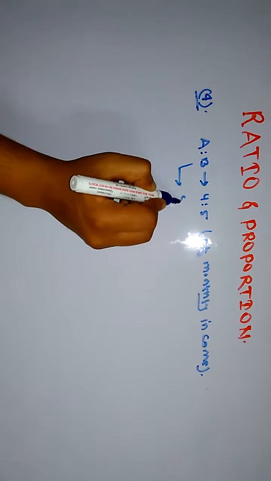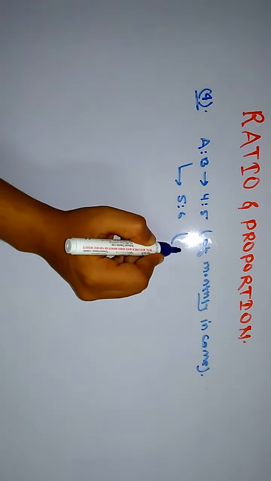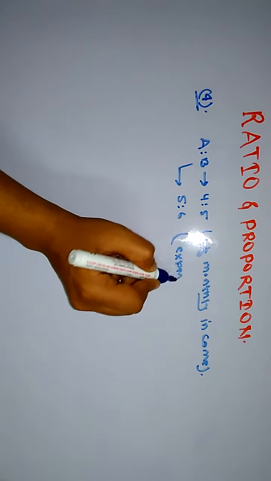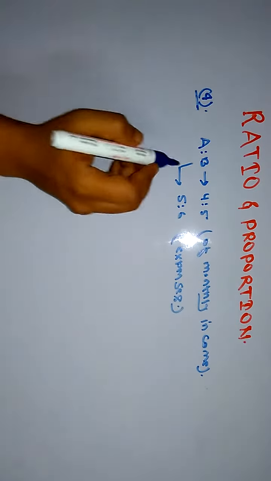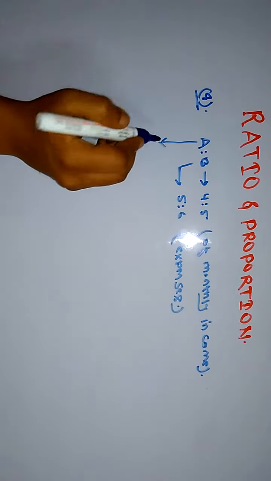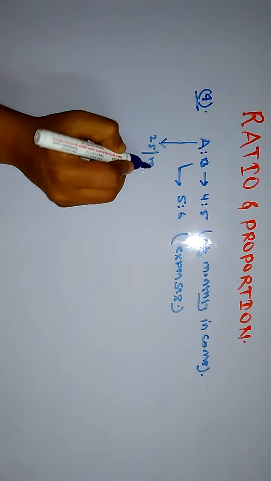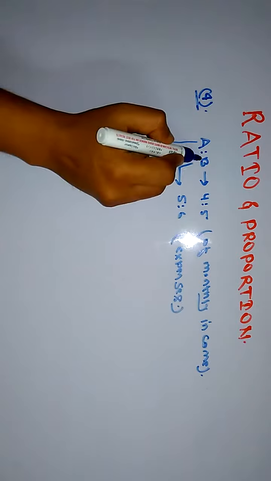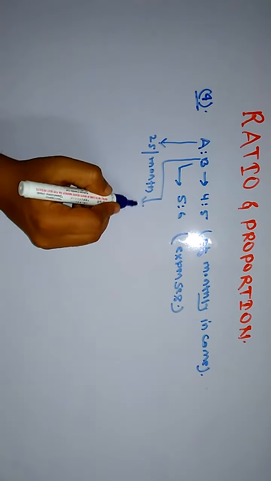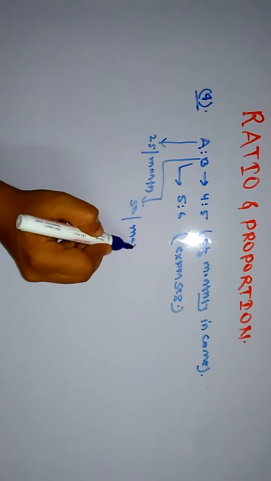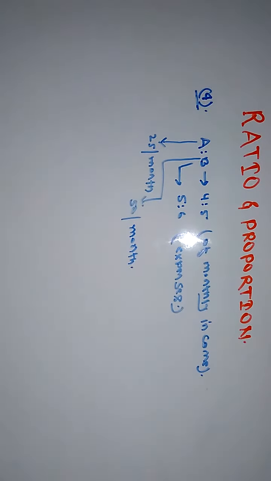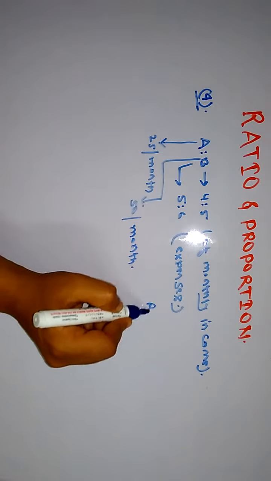A saves 25 rupees per month and B saves 50 rupees per month. What are their respective incomes? We have to calculate their respective incomes.